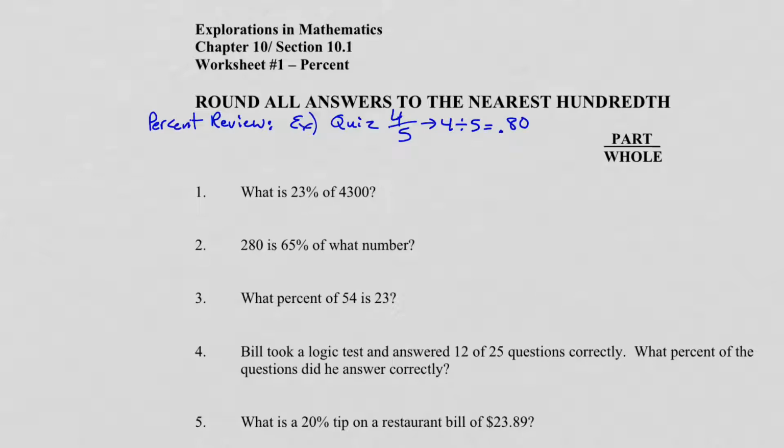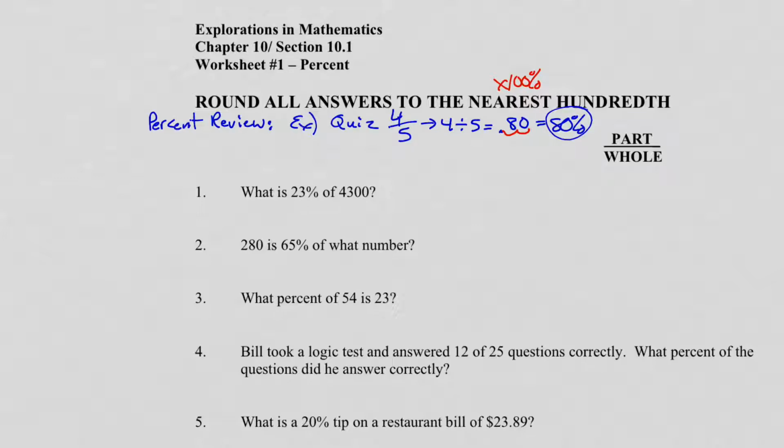Okay, that's not your score. That is a percentage, or the decimal. So we need to go ahead and move this to the right. If we multiply by 100%, then all we need to do is just move the decimal to the right, and we get 80%.